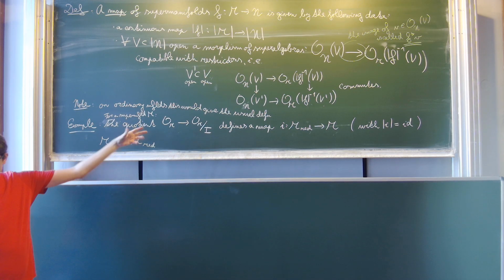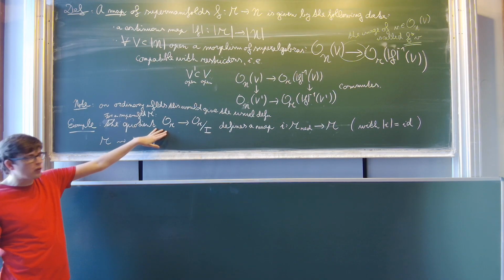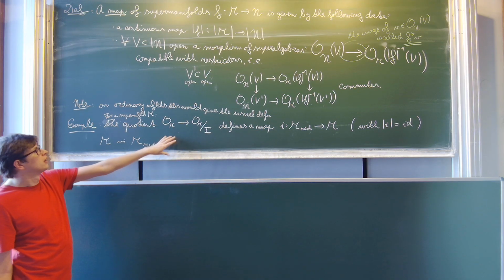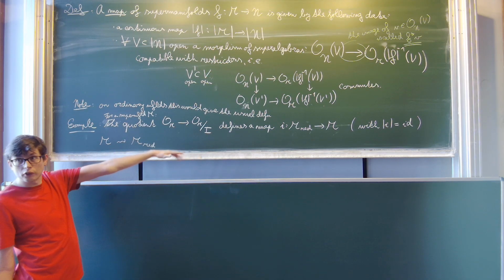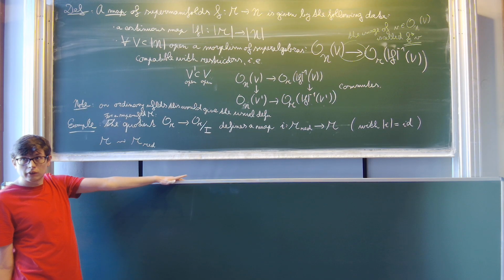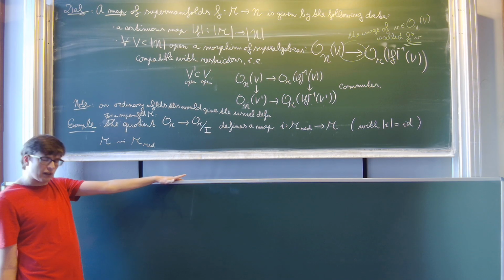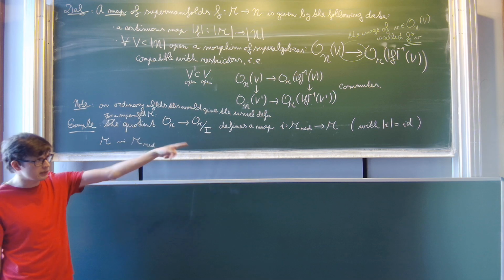That's another way to see this. If you prefer the coordinate description, to which we will get soon, this is just saying that setting odd coordinates to 0 is a consistent thing to do, and it defines this map.